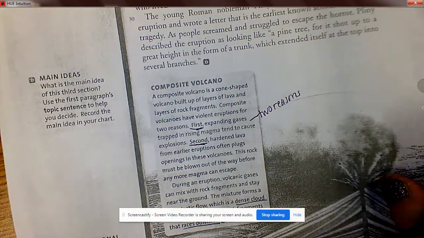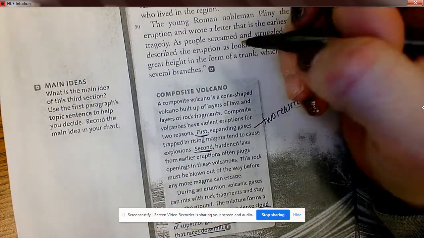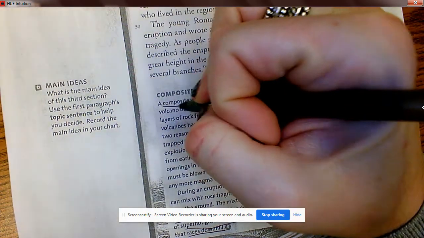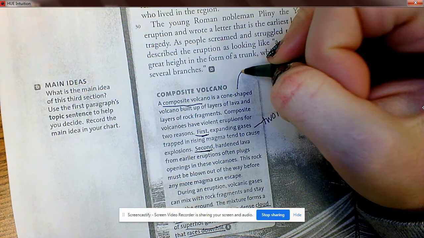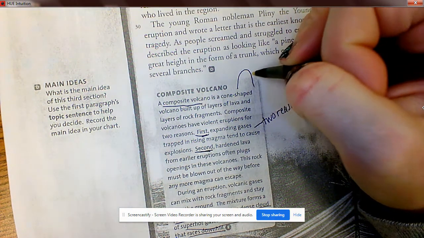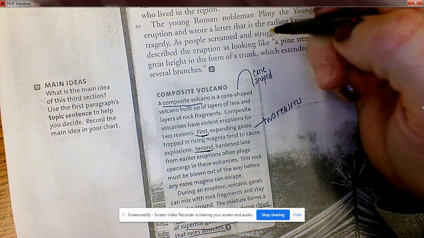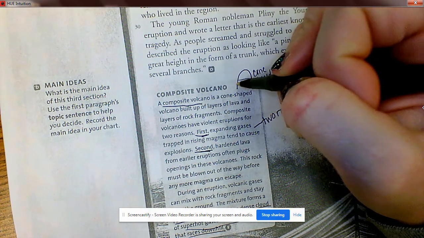And so I'm going to do the active reading. So a composite volcano is a cone-shaped volcano. That's a cone. Built up of layers of lava and layers of rock fragments.